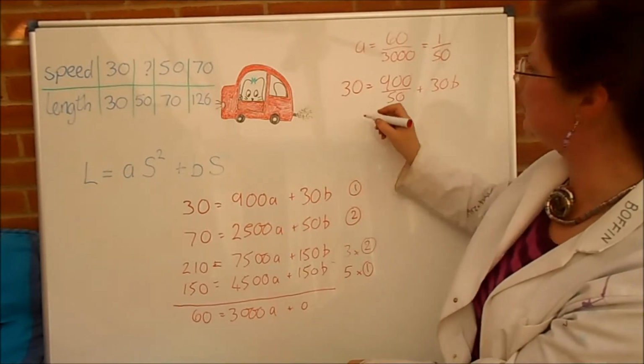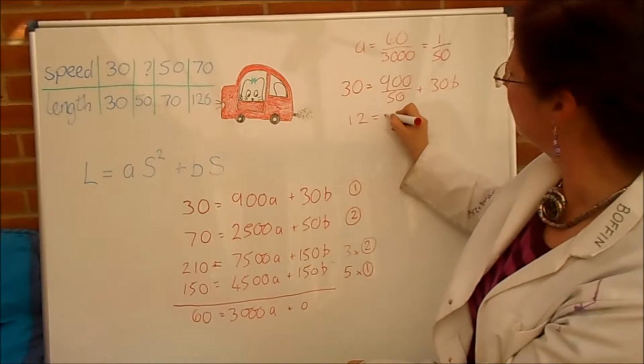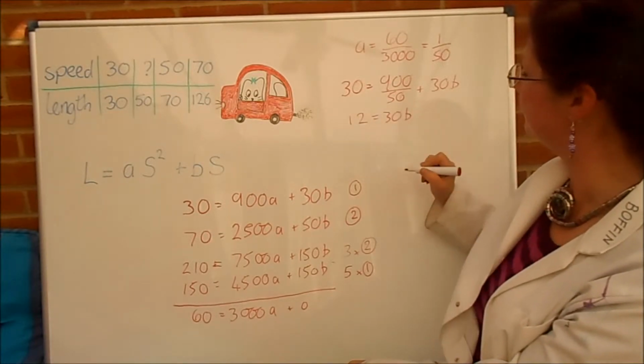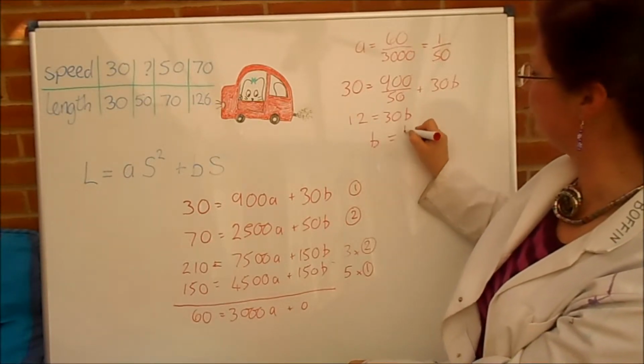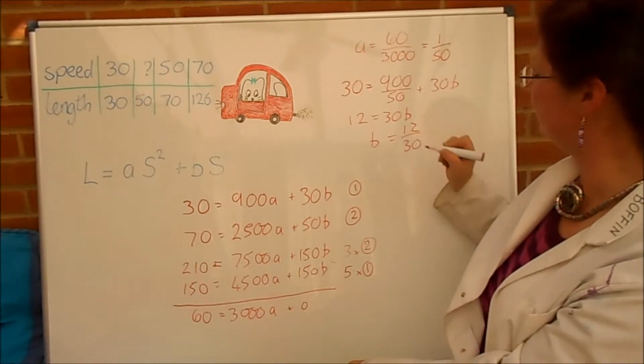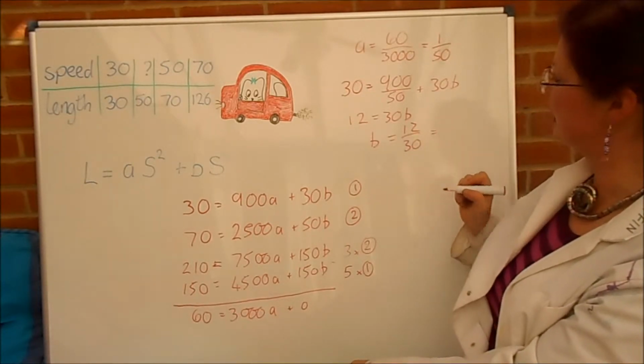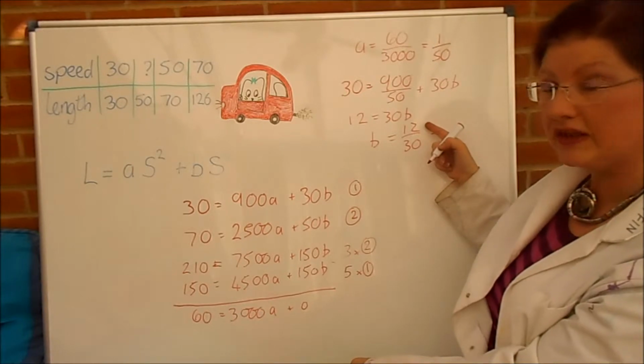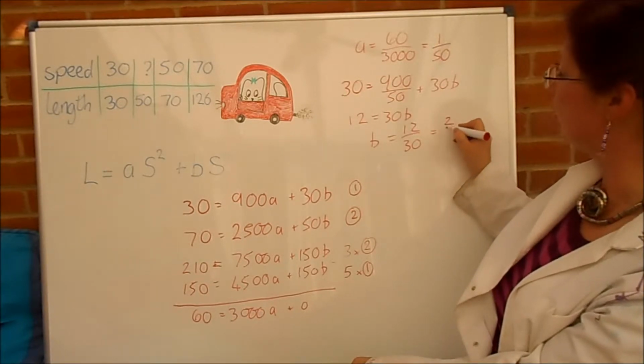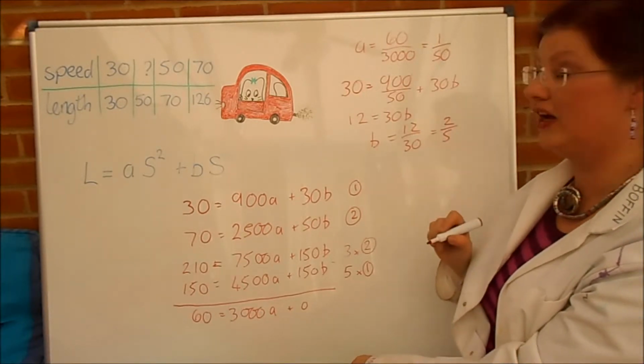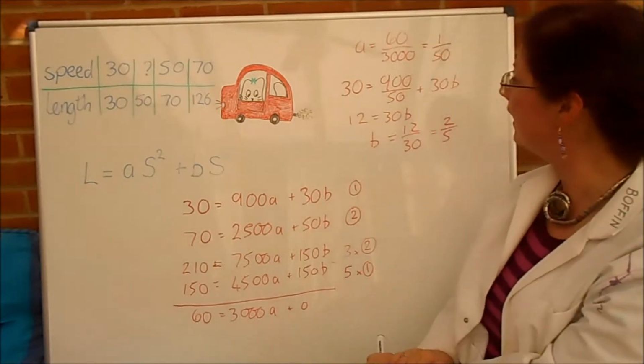So subtracting 18 from each side, we're going to get 12 equals 30B, which gives us B equals 12 over 30, which cancelling by 3's gives us 4 over 10 or 2 over 5, or you can put 0.4 if you want.